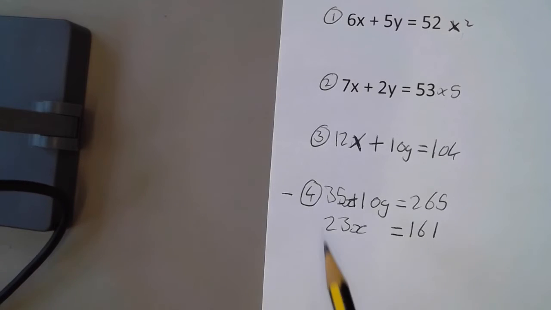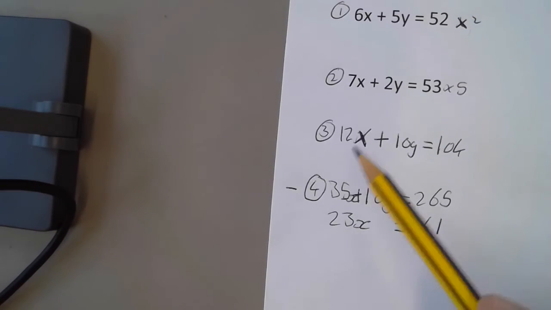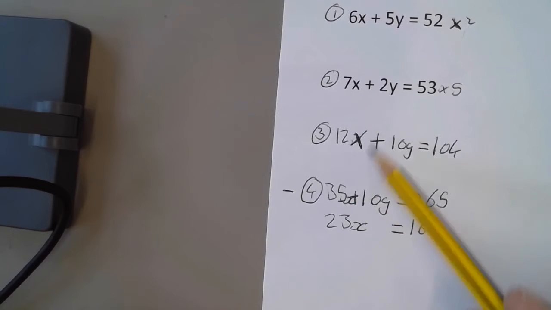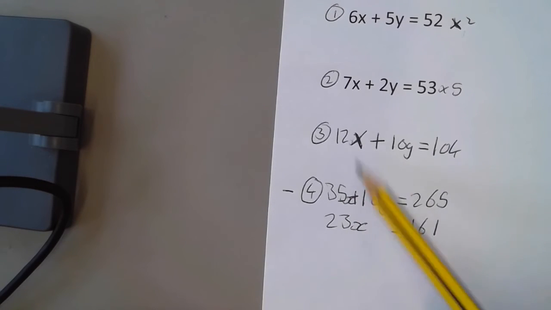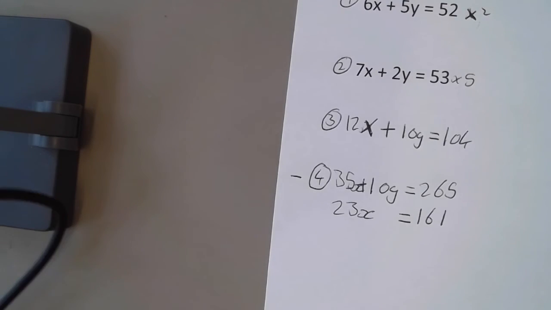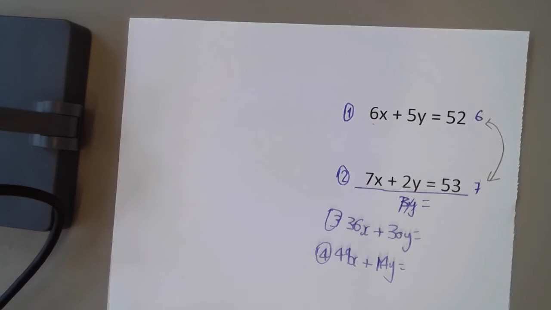I like the fact they did that, but they didn't do 3 take away 4. They should have done 4 take away 3, and that's what they have done. So they've done 35 take away 12 to get just normal 23x there. The answer is there is no mistake with this. The thing that this person had is they just ran out of time. But it's a case of you needing to look back in your books and jog your memory.